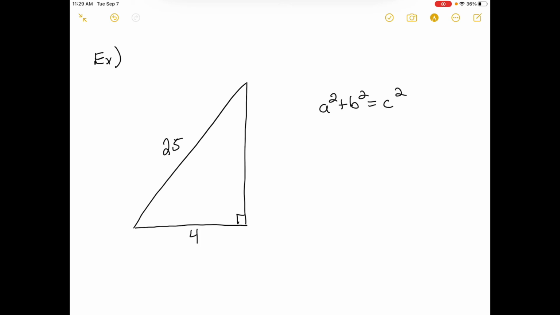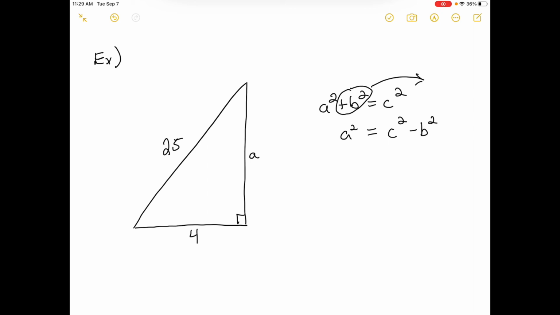But we have C and we have B, and we're going to solve for A here. And so what we can do is rearrange this theorem to where I have the A term on one side by itself. So let's throw the B squared over. So this is the Pythagorean theorem, it's just rearranged a little bit. And now it'll be a minus B squared, or a negative B squared.